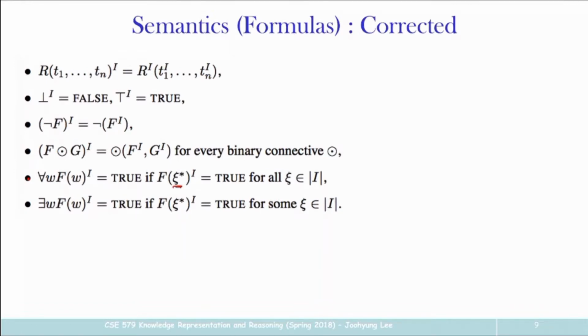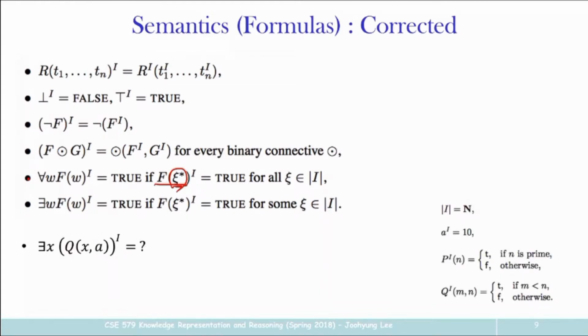But now what we use is the names of the individuals. And this is okay now because this psi star, which is the name for psi, will be only used to define the semantics. So going back to the previous one, this is not true according to this definition.